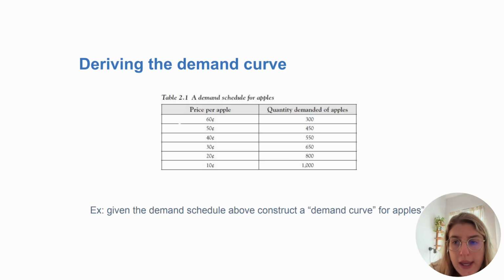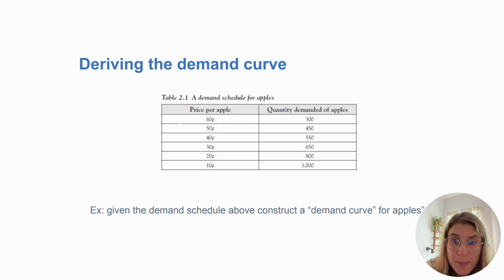So here we're looking at what's called the demand schedule. It's just a table that shows how much of a good people are willing to buy at different prices. For example, at 60 cents per apple, people, or maybe in this case society or the grocery store, only want 300 apples.